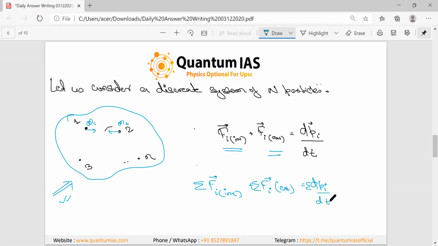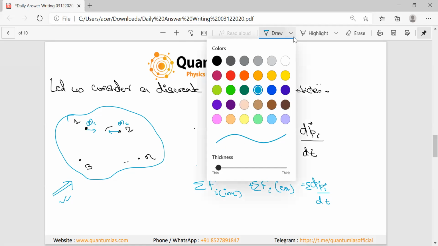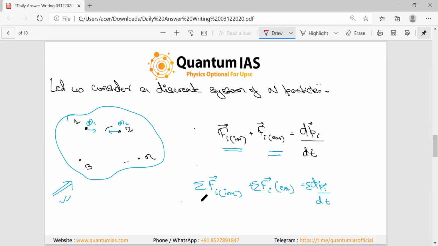Now see this. What will be the summation of internal forces here? The net internal force will cancel out each other, so it will become 0. See this, how it happens?